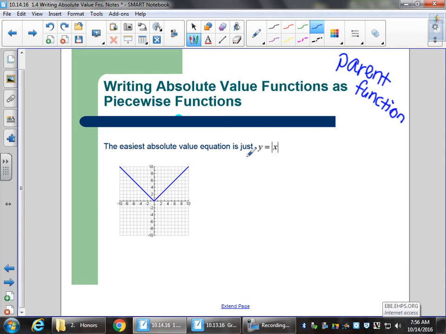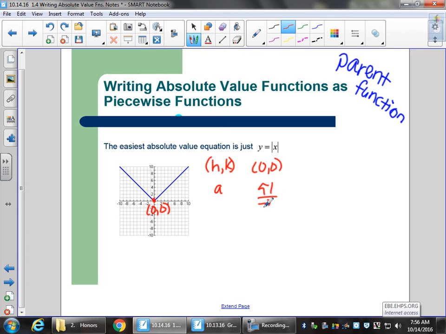So let's see how we could build this equation from this graph. Where's my vertex? And now from 0, 0, if I were to count the slope of the right ray, how would I count? Up 1, and then where?